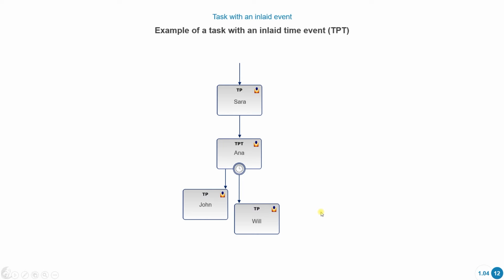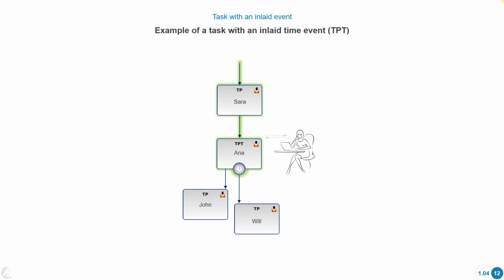Now we're going to see an example of how to use a task with inlaid time event, or what we could call a TPT. This would be the code. So let's say Sarah receives a task, and once Sarah has finished performing her task, the flow arrives to Anna. So Anna has a task that she's supposed to perform. But she might perform it or she might not, or maybe it takes her some time to perform this task.